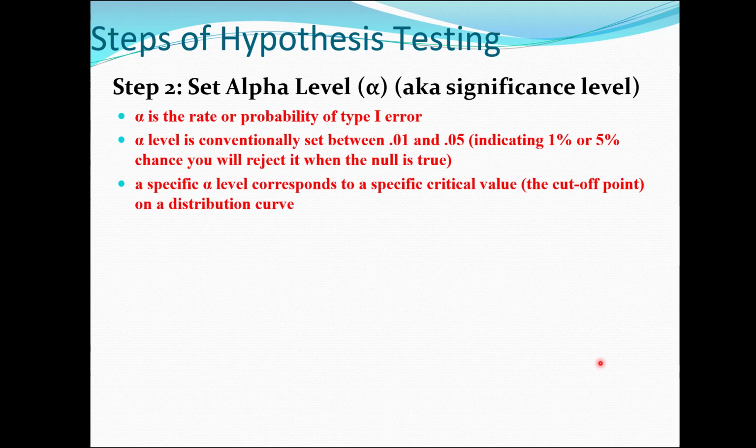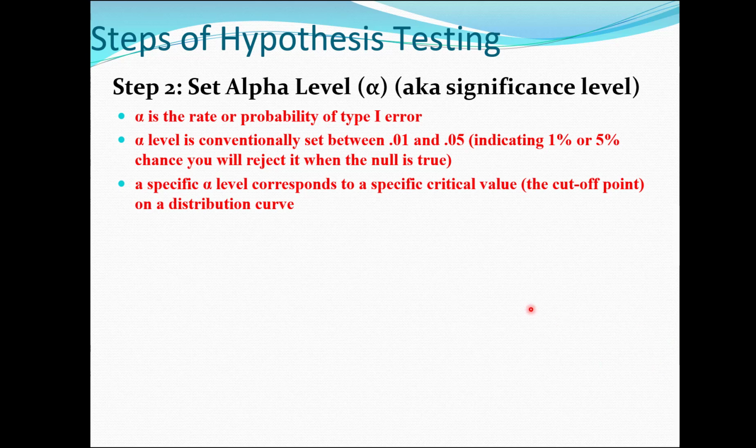So I hope you can understand that by reducing the alpha level from 0.05 to 0.01, you reduce the chance of making type 1 error. But at the same time, it will be harder for you to detect the difference or the relationship you are interested in.